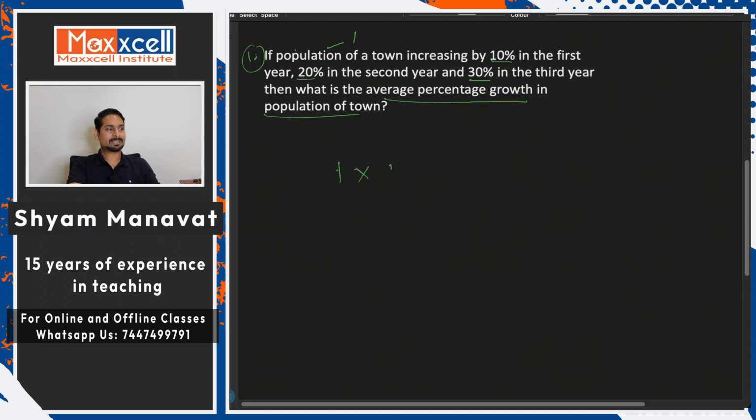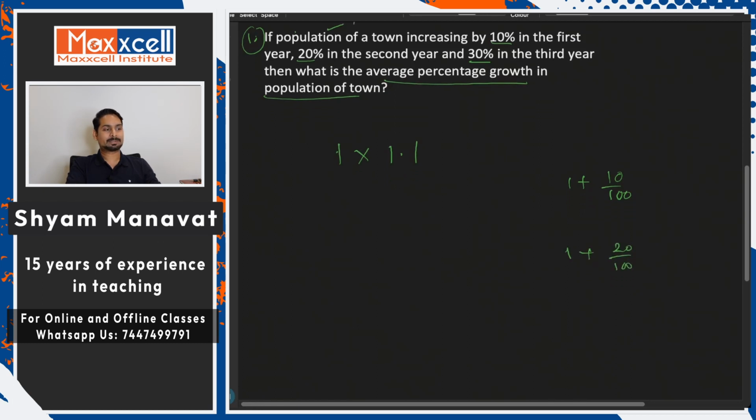So to increase by 10%, you multiply by 1.1. You multiply by what? 1 plus 10 by 100, that is 1.1. To increase by 20%, you multiply by what? 1 plus 20 by 100.